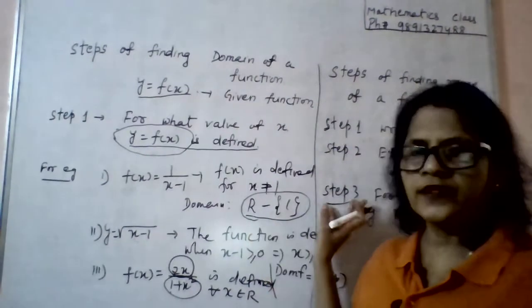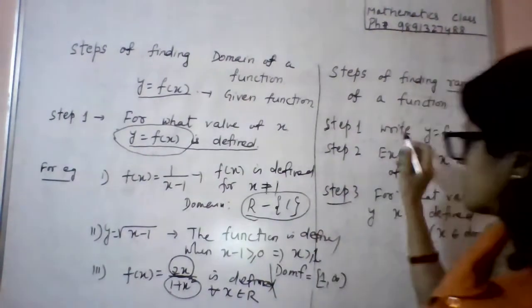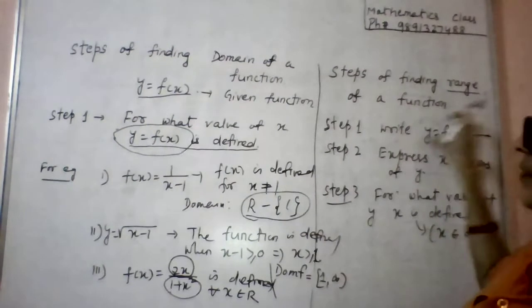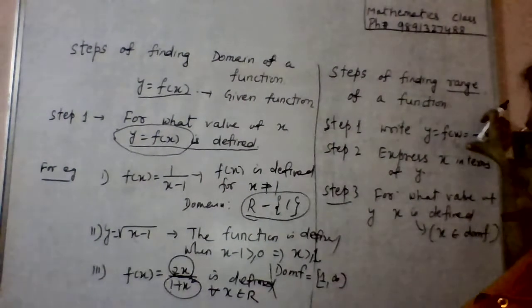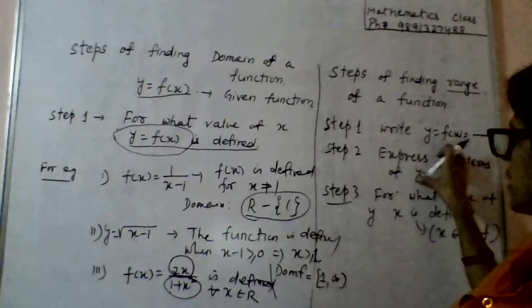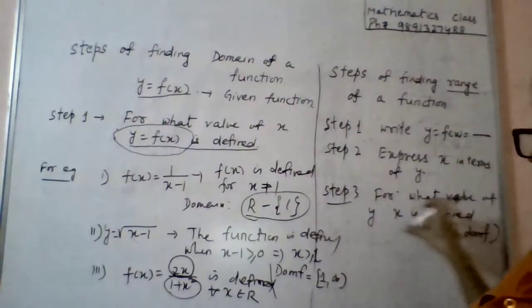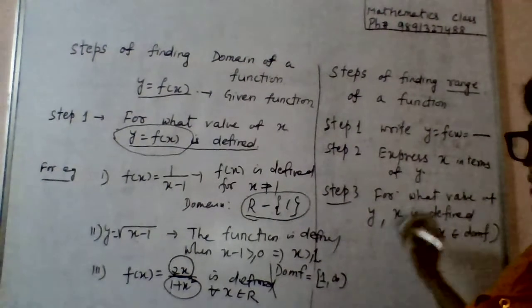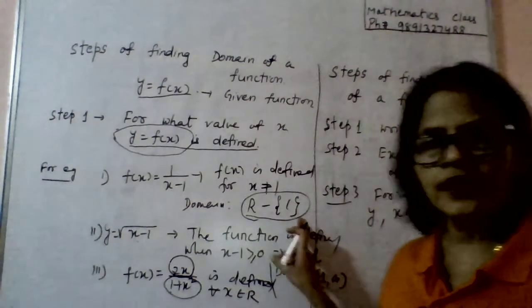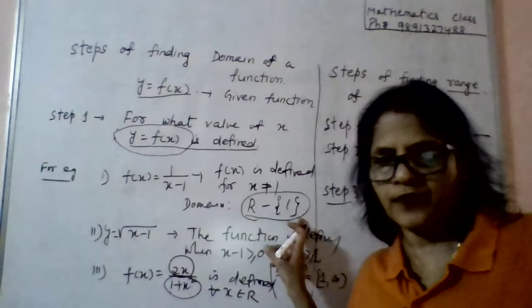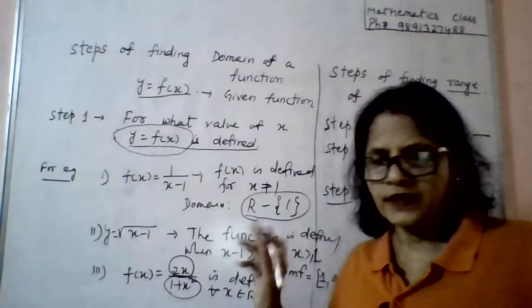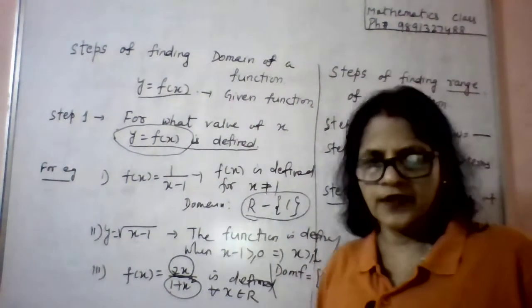So while finding the range, step 1 we write y equal to f(x) equal to 1 by x minus 1. Second step, express x in terms of y. Third step, for what value of y x belongs to the set of real numbers except 1. Clear? So we will take some questions and find the range of the function.